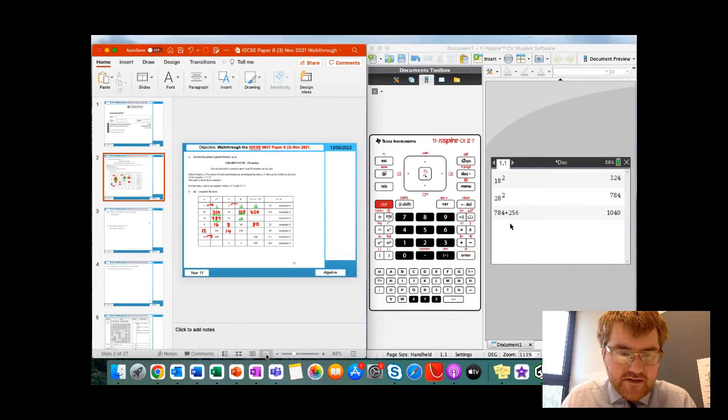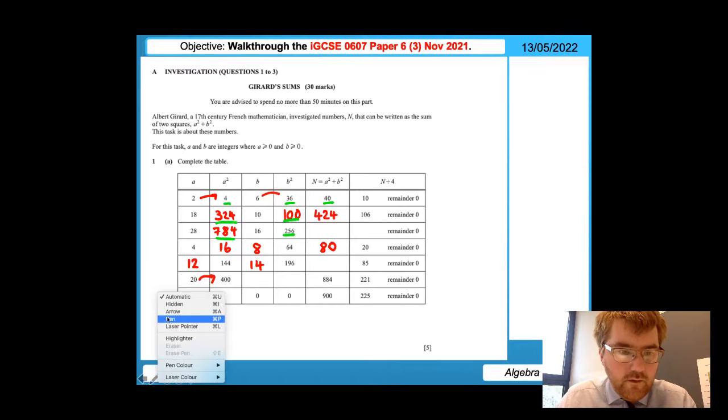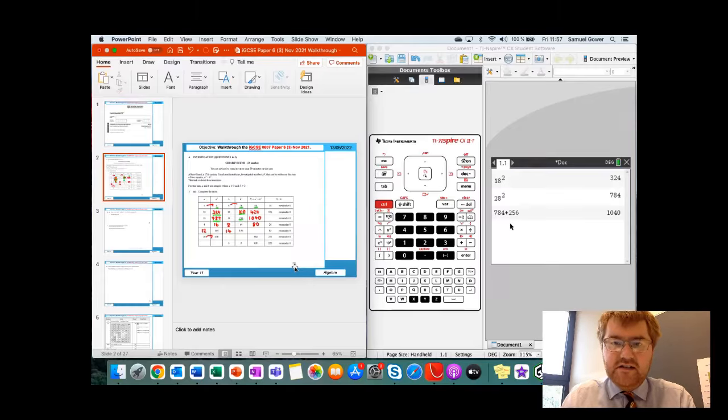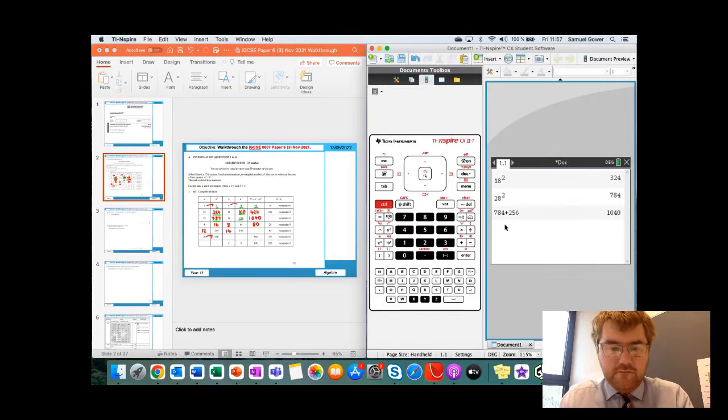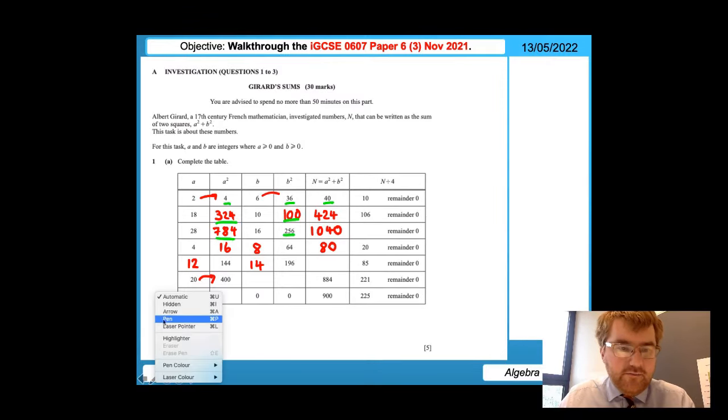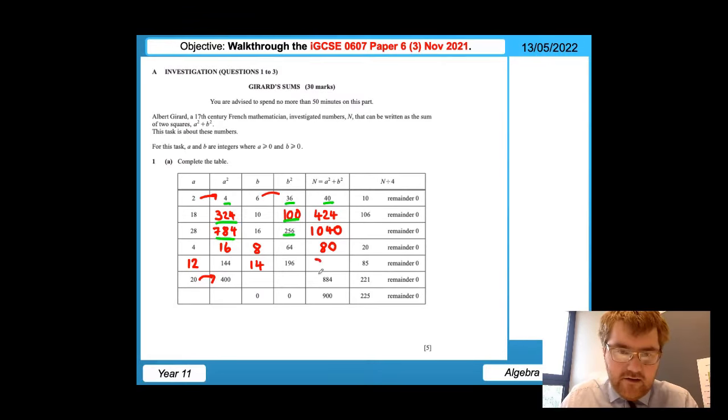So let's pop that in. 1040. And we've got a few others here as well, so 144 plus 196. That's 340. So this is typical for this kind of paper, you're going in between a calculator and different pages of the test as well.